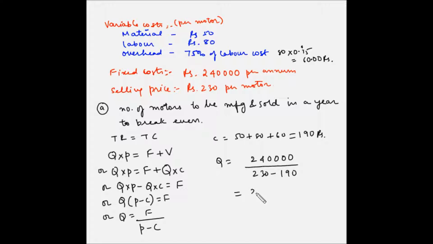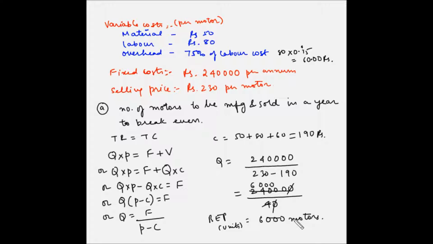So this is equal to 240000 divided by 230 minus 190, which is 40. 10 we can cancel. 6 4s are 24, so 6 and then 3 zeros. So the break even point in terms of units is equal to 6000 motors.